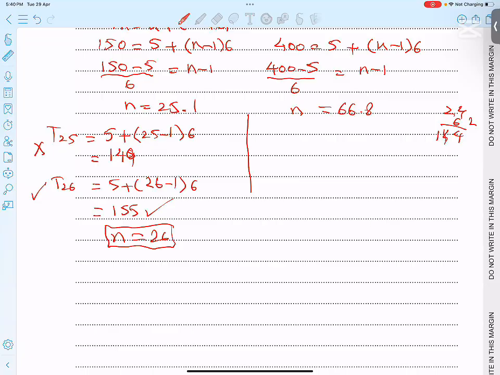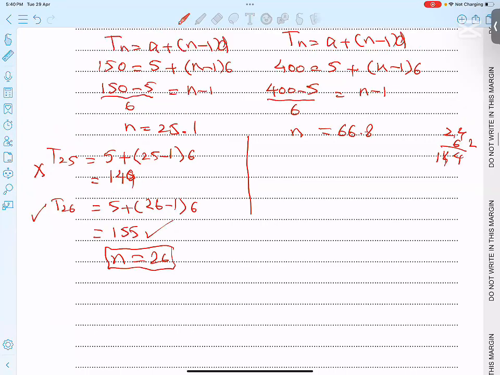Now students, let's go for the next one. In the same manner, I will check for 66.8. I'll check the 65th, 66th and 67th terms. So what answer comes here? So 66 minus 1 into 6, what answer? And 67. So I use a plus n minus 1 into d.